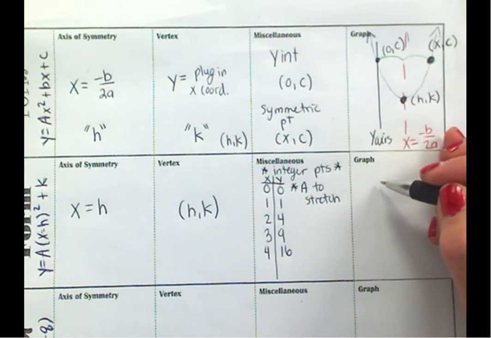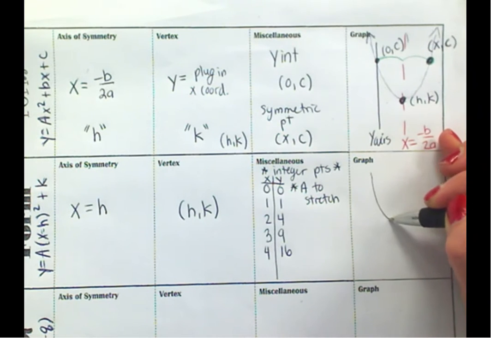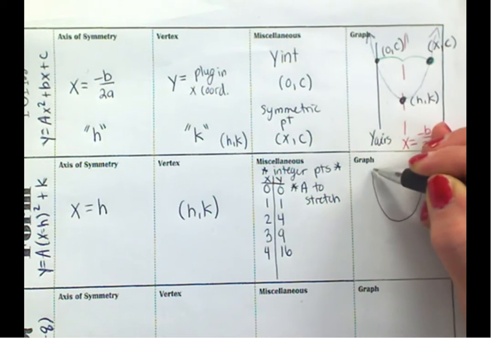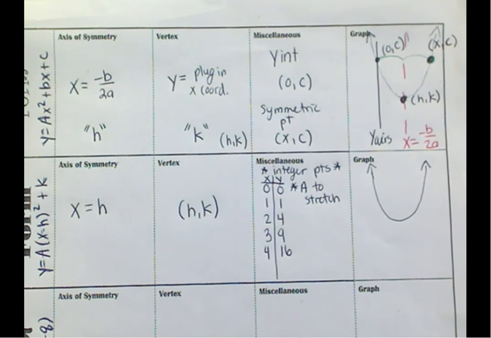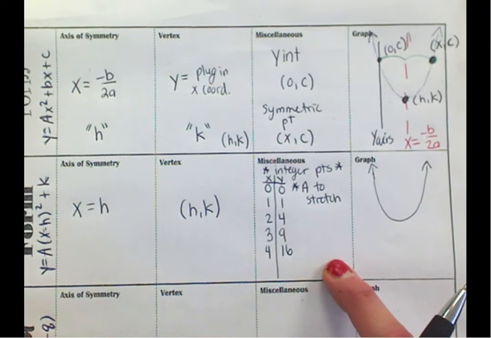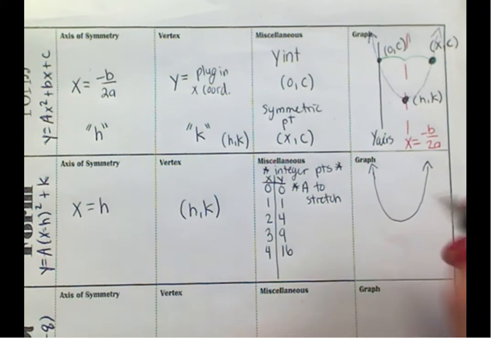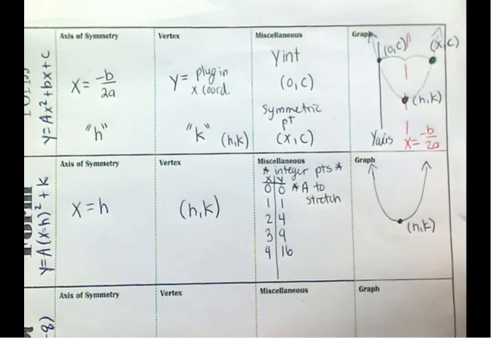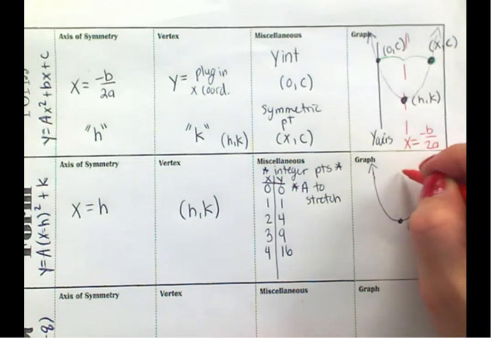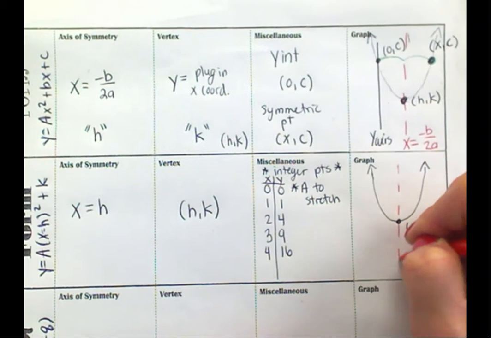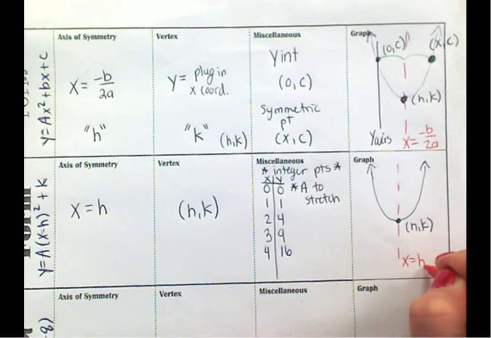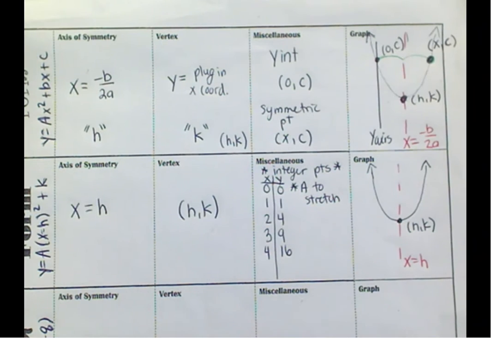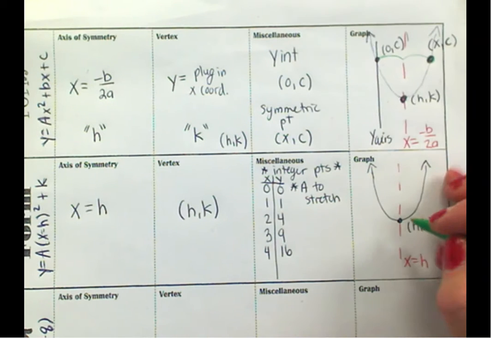Graph. Just going to try to draw a nice concave up shape. I'm just going to label the things that I would get from these characteristics. HK, there's my vertex. There's that axis of symmetry, and my points.